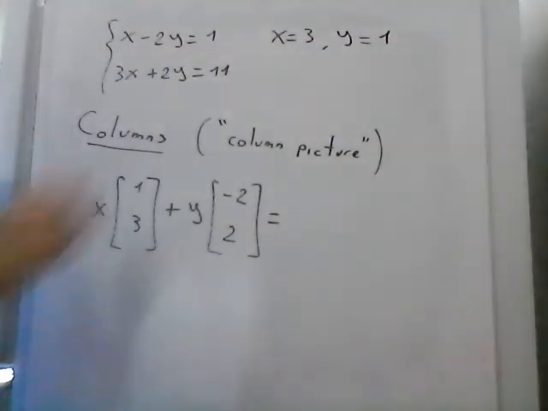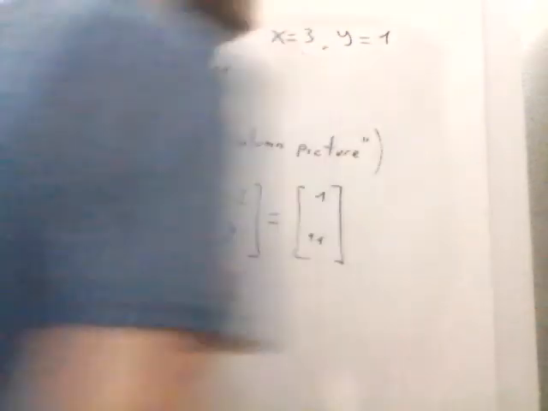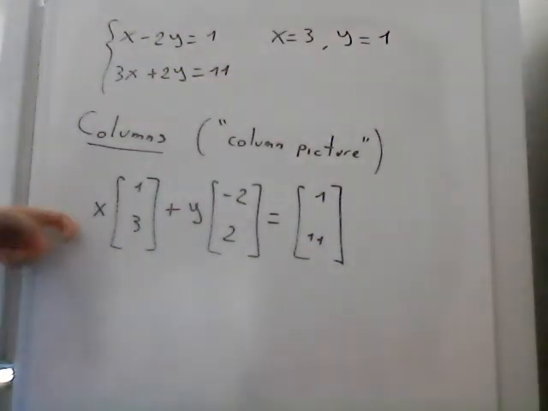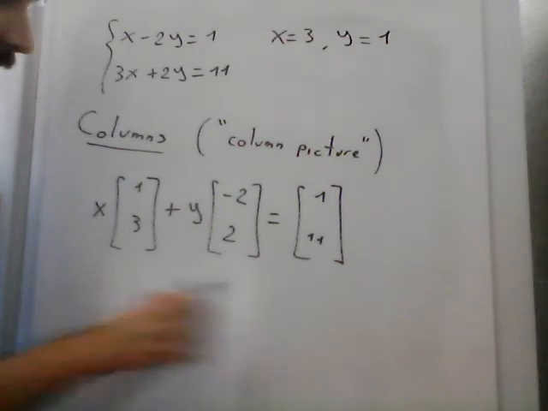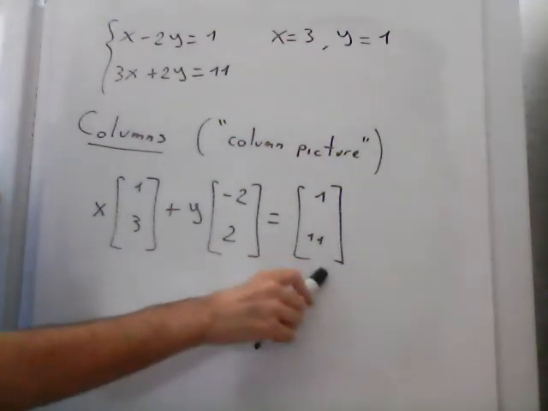And this is equal to the column vector given by the constant terms, so 1 and 11. Okay, so we have rewritten this linear system in this way, and notice that this is a linear combination of these two vectors that gives us this third vector.